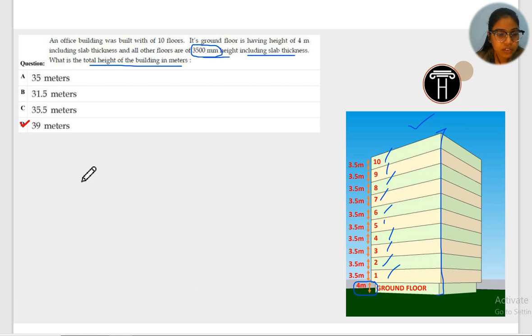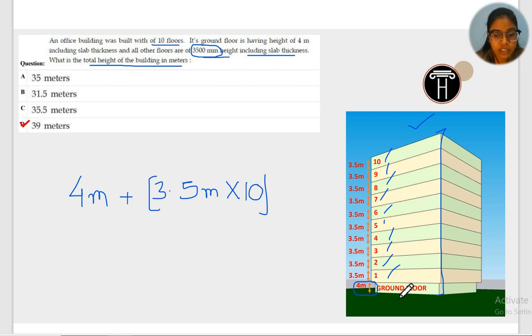For that, what you need to do is add 4 meters with 3.5 meters into 10, because it is a 10 floor building. So these are your 10 floors and this is your ground floor.